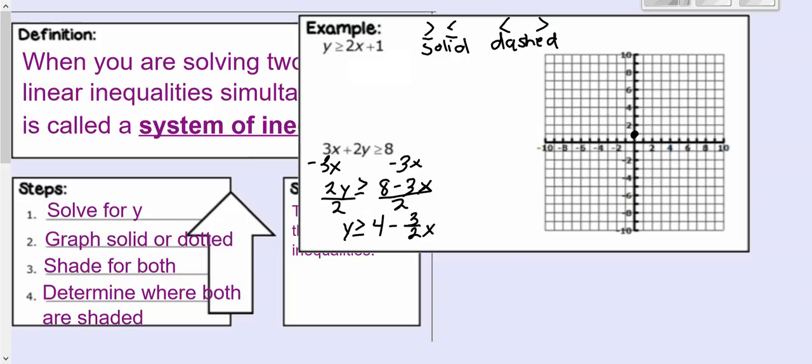I'm going to switch colors so we can see a little bit better. I know my rise, or my slope, is 2. So I'm going to go up 2 and over 1. Up 2 and over 1. And from here, I am going to graph a solid line.